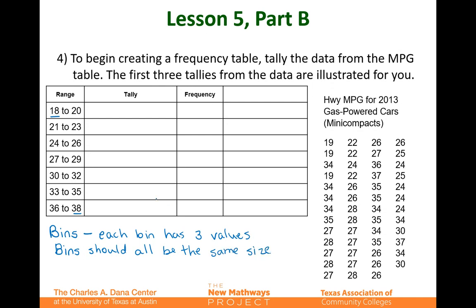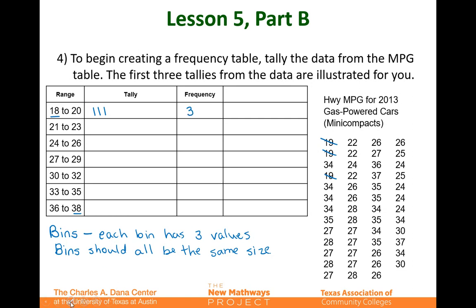So the first bin is for the values 18, 19, and 20. I want to make a tally mark. Well, let's see. What do I have? There's 18, 19, or 20. We didn't have anything else in that group, so the tallies would be 3. That's a frequency of 3.